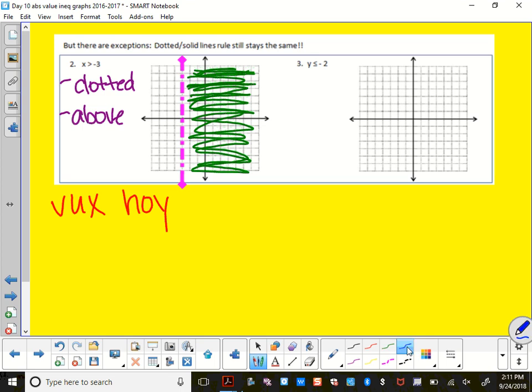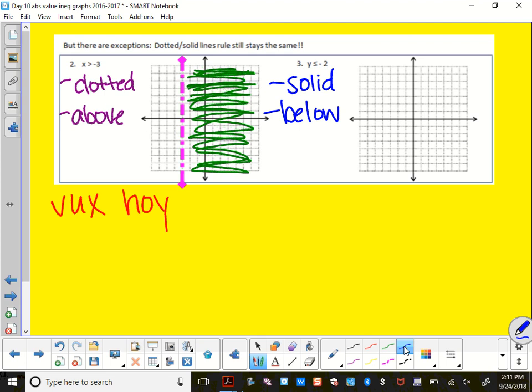All right. Number 3. y is less than or equal to -2. It'll be a solid line. I know that because it is or equal to. And what about above or below? Below. I know I'm going to have a horizontal line because it's y equals, think about HOY.